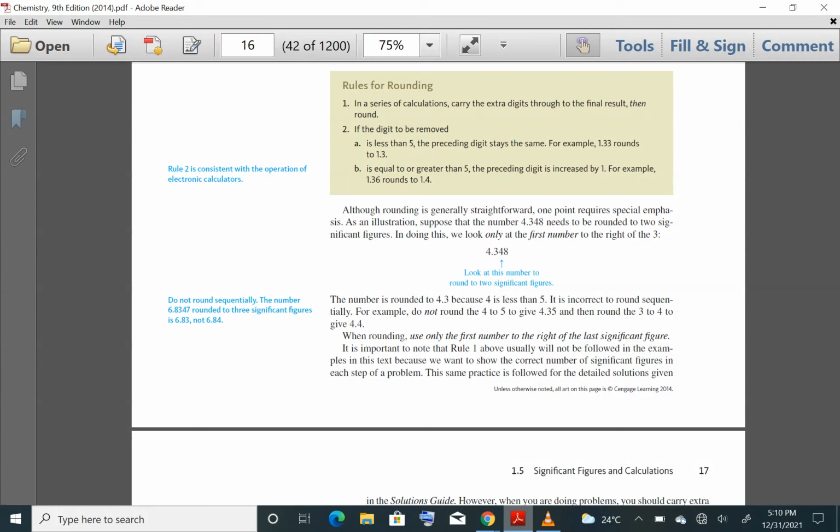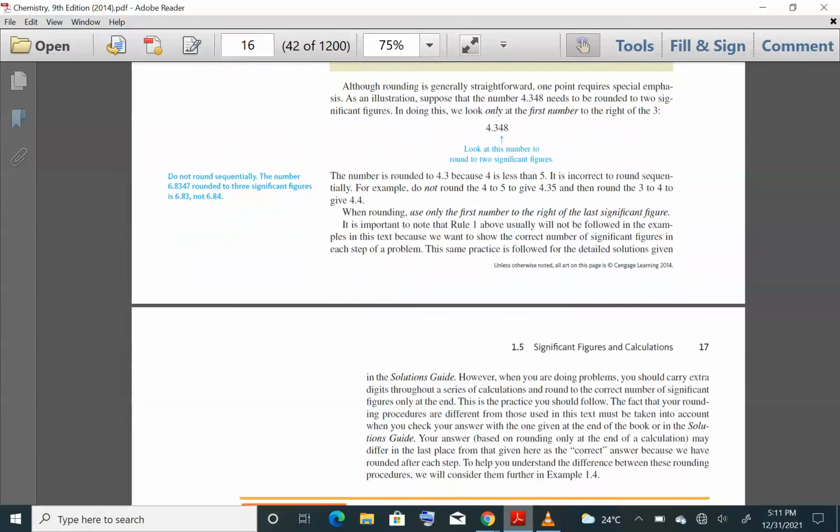But if it's equal to or greater than 5, then the preceding digit is increased by 1. Like you saw, 6.38 went to 6.4. And if we've got 1.36, it rounds off to 1.4. So that's an important point that you want to take note of.